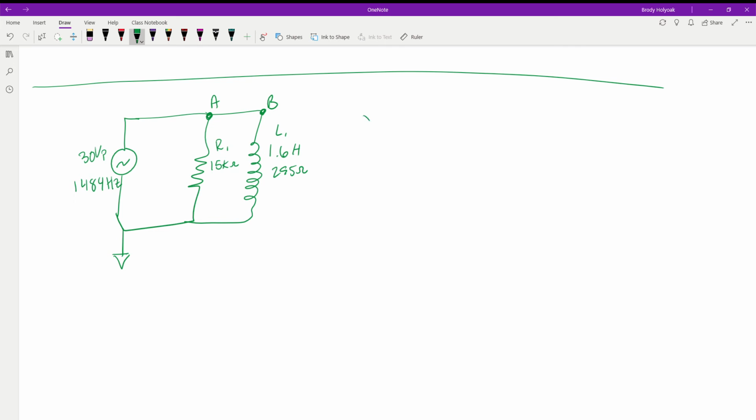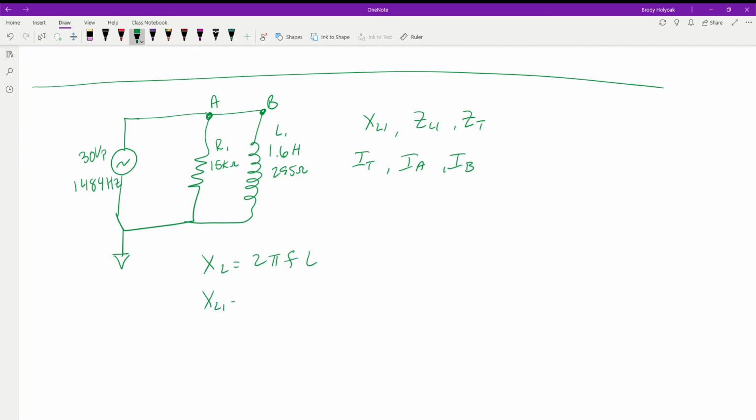So the things we're going to find: the inductive reactance of L1, the total impedance of L1, and the total impedance of the circuit. We want to find our current, the current through branch A, and the current through branch B. Now again, XL is 2 pi times the frequency times the inductance.